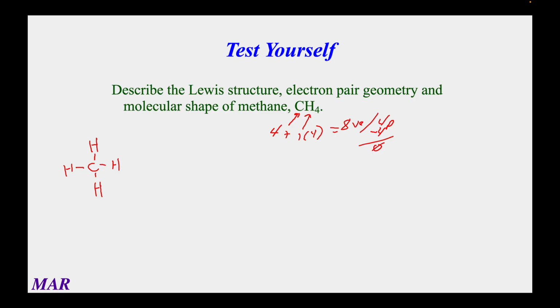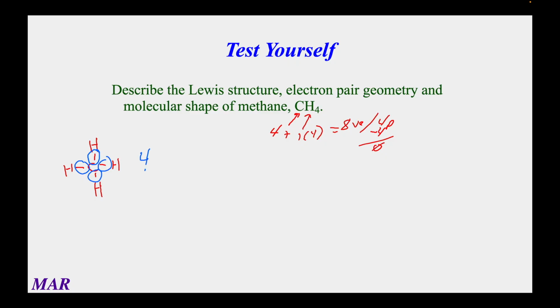Okay, now for the VSEPR part, which is electron pair geometry, molecular geometry, etc., we need to find the number of clouds around the central atom. So we're going to look for carbon here and see how many clouds it has. Now around carbon, there's 1, 2, 3, 4 pairs of electrons, 4 bonding pairs technically, and each of those is a cloud.